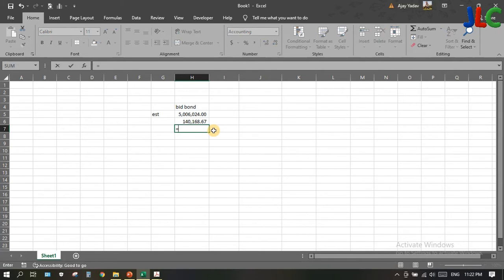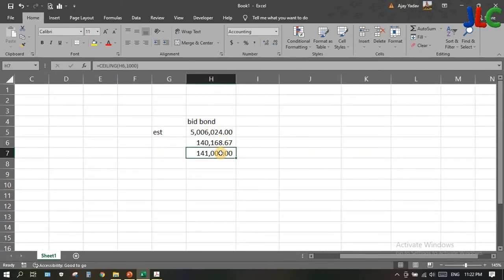You can round up this value to the nearest 1000. This will be our bid bond. It will be published in the tender notice. Now the contractor will have to bring the document, or bank guarantee, or the cash.